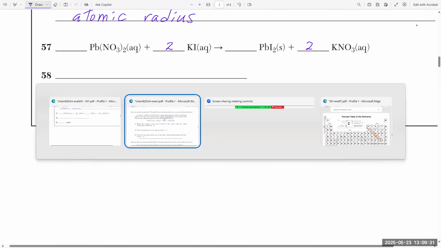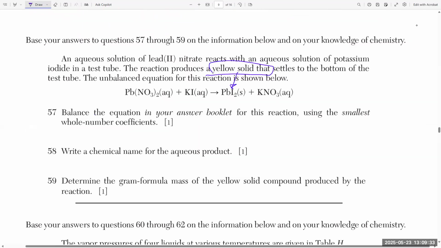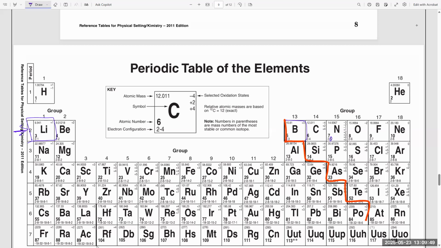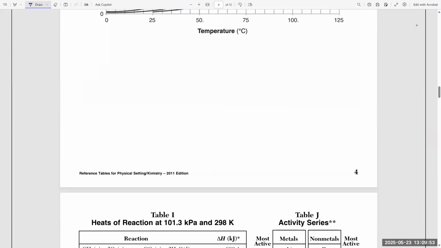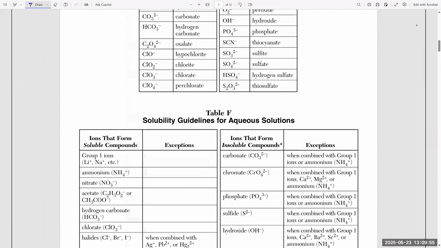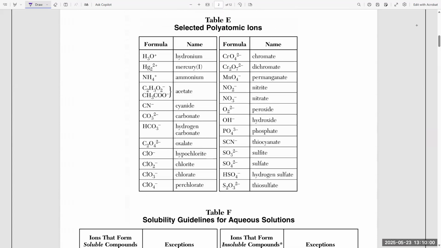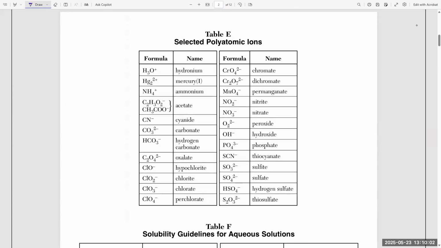Okay. All right, 58. Write a chemical name for the aqueous product. Who's the aqueous product? That's this guy. Well, how do we name that? You know the first part is potassium. What's the second part? Is it potassium, nitrogen, oxygen? No, that's silly. So what is it? It's KNO3. If you don't know, I told you it's not a bad idea to memorize this chart, but if not, you're going to go over here and look at Table E. And what do we know?